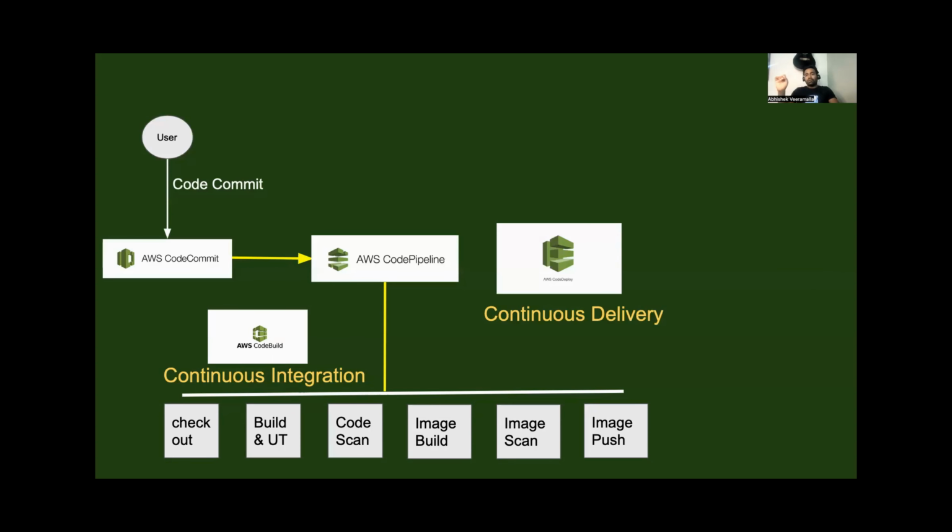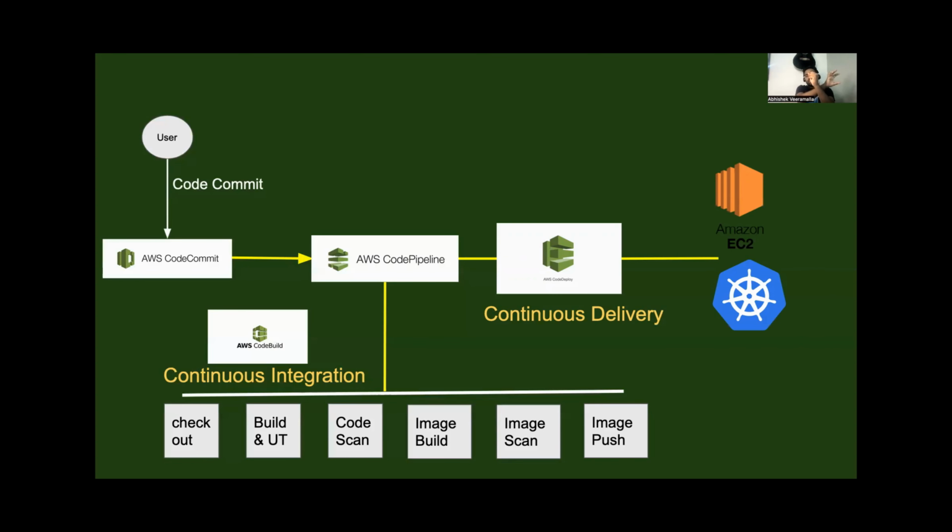And then there is something called CodeDeploy, where CodeDeploy will take care of the CD part, and it will deploy either to Kubernetes cluster or EC2 instances or ECS, whatever you would like to, right? So now, did you understand how these AWS services fit into the places? When you try to compare it with Jenkins, in the Jenkins integration part that I have explained, Jenkins is working as an orchestrator.